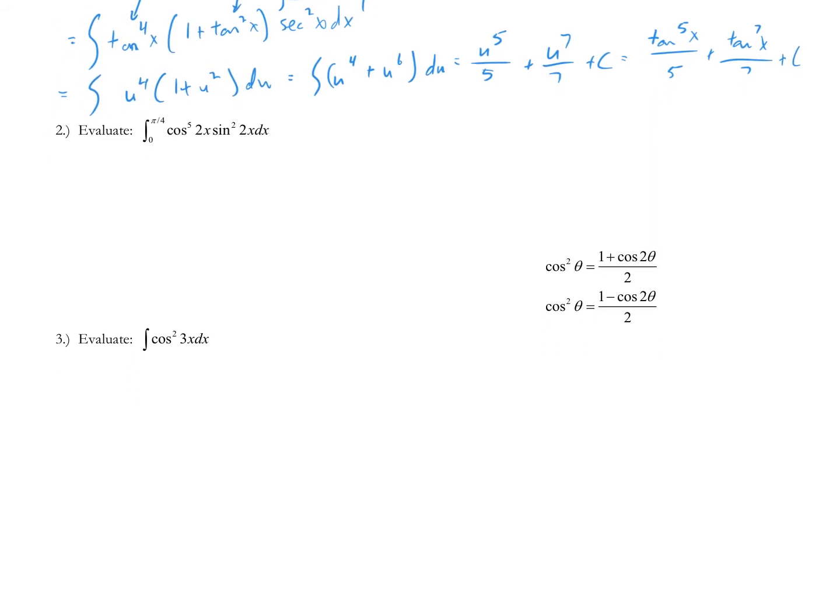Moving on down to number 2. All right, we have cosine to the fifth of 2x times sine squared of 2x. We see that odd exponent on the cosine, and that's the one we're going to save for the du. So this becomes the integral from 0 to pi over 4 of cosine to the fourth 2x times sine squared 2x cosine 2x dx.